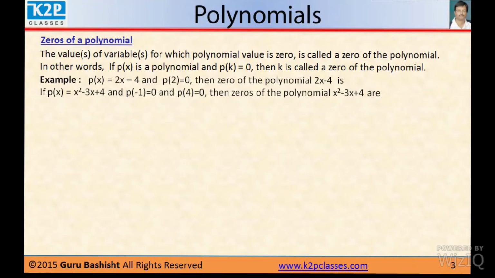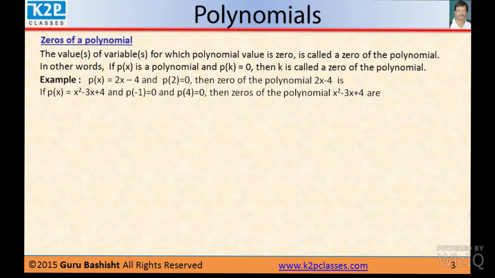In another word, if p(x) is a polynomial and for x equal to k, that is p(k) is 0, then k is called a zero of polynomial. Example, if polynomial is 2x minus 4, then if we put x equal to 2, the expression becomes 0. So x equal to 2 means 2 is zero of 2x minus 4.